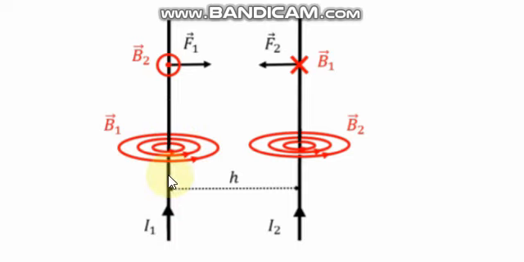So here the stretched thumb will indicate upward, that is along the direction of the current I1, and the curled fingers will give us the direction of B1, which in this case is counterclockwise. So the magnetic field B1 will be in form of rings centered around this wire, and the rings will have a counterclockwise direction.